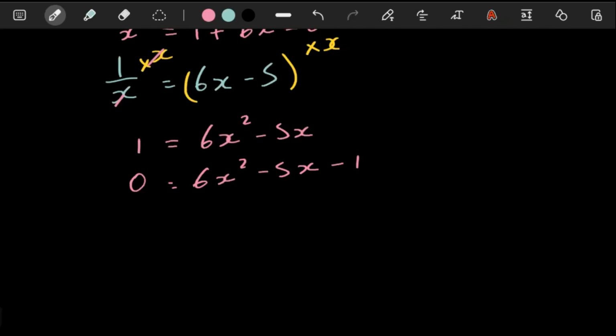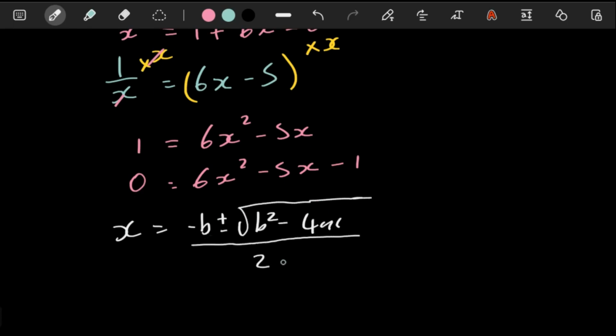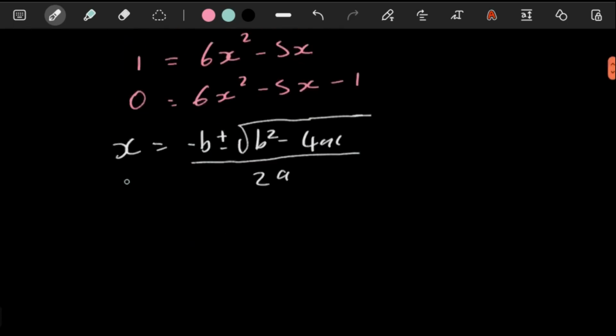Okay, let's see. Negative b. I'm already putting stuff in the calculator, but I didn't write the quadratic formula. I wanted to write out x is equal to minus b plus or minus the square root of b squared minus 4ac, the whole thing over 2a, right?